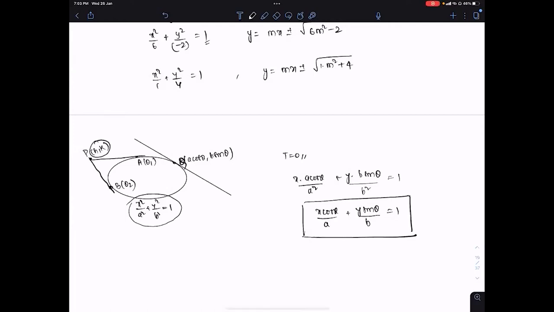If you substitute h comma k in the parametric form equation of tangent, you know x, y, a and b. What will be the variable involved? Theta only. So the solution will be these two angles, theta 1 and theta 2.